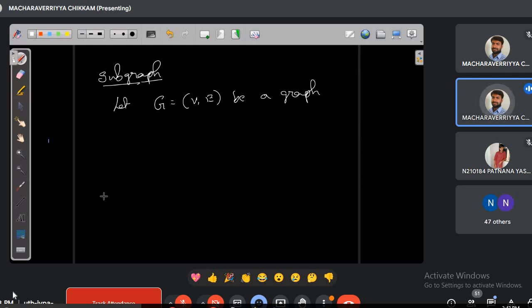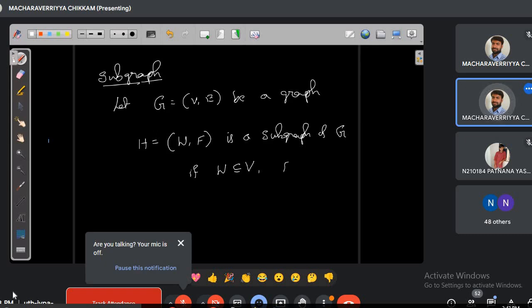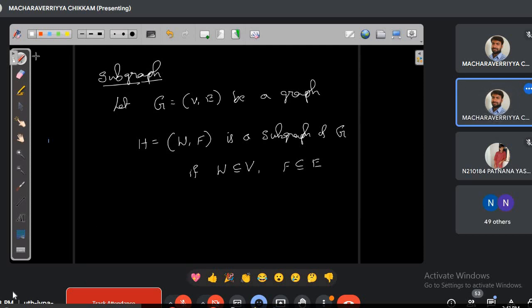Now a subgraph, which we're going to denote with H, that is (W, F), we say this H is a subgraph of G if W is a subset of the vertex set V and this edge set F is a subset of the set E.